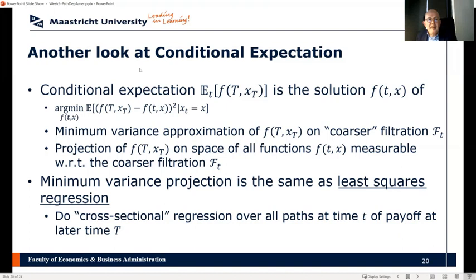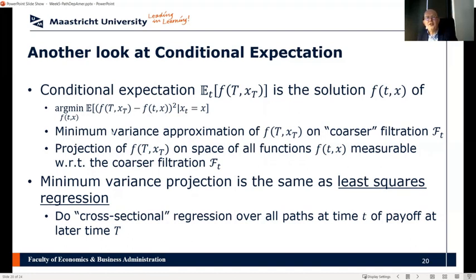But it is a well-defined problem: I want to minimize the variance. So I take f at time big T minus f at time small t, squared, and I minimize the expectation of this quadratic difference. A conditional expectation is the solution of this minimum variance problem.